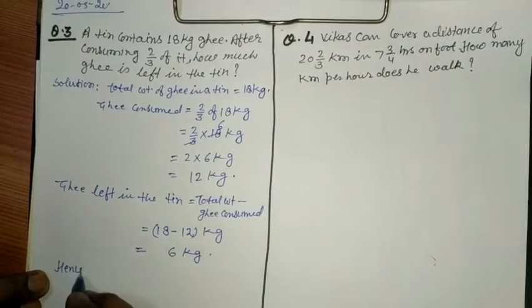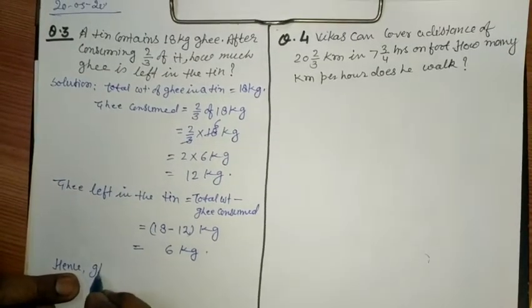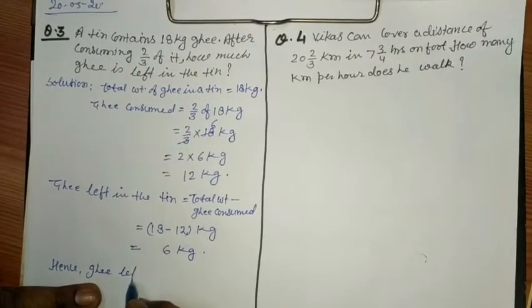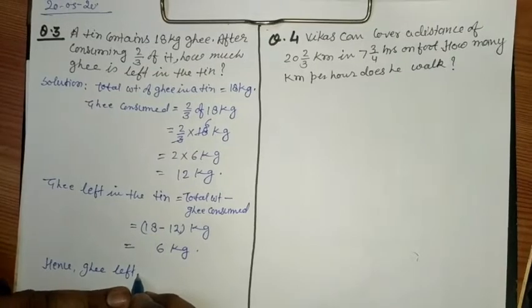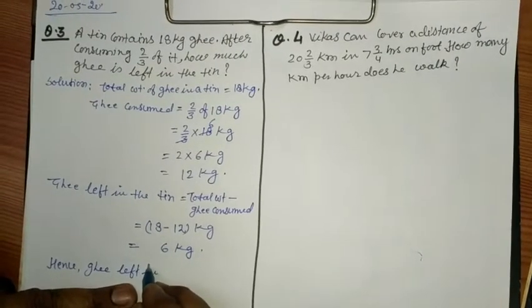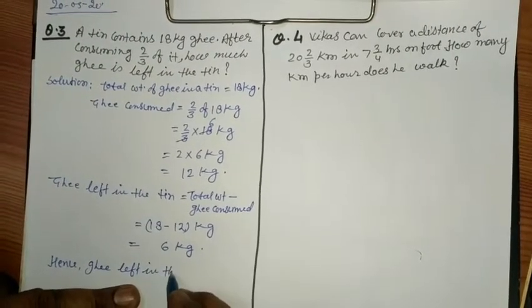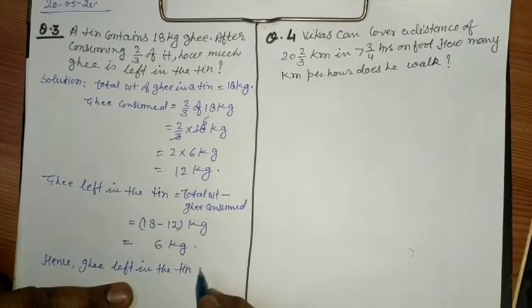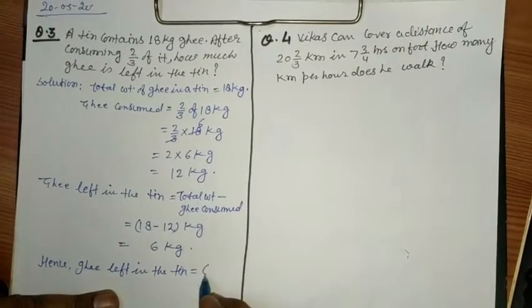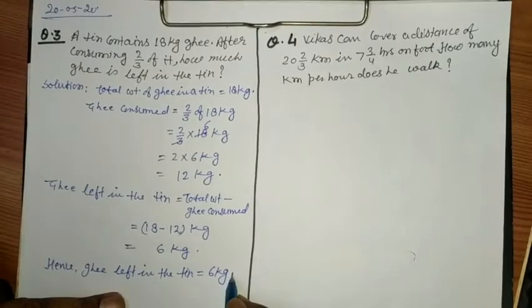Hence, ghee left in the tin equal to 6 kg.